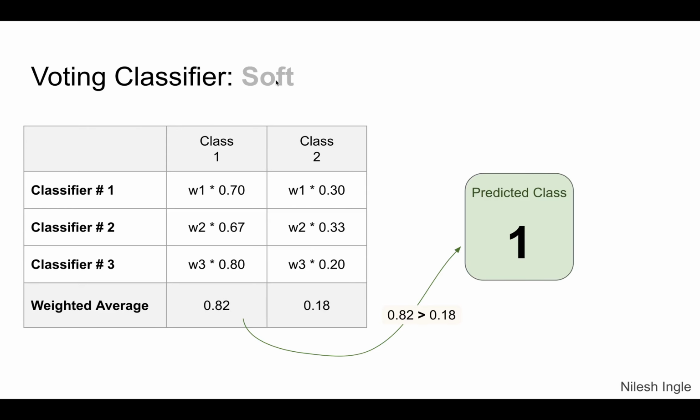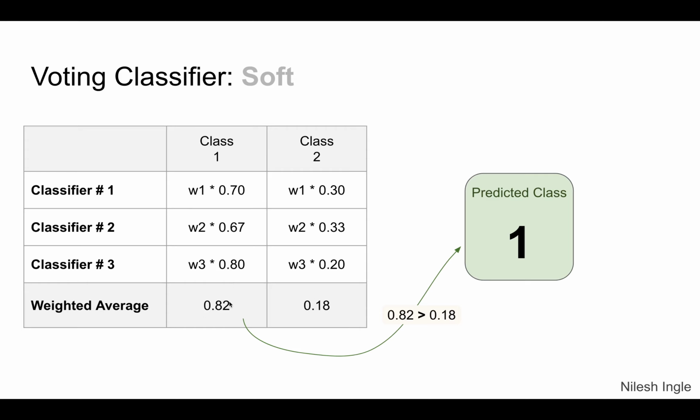On the other hand, there is something called a soft voting classifier. In this case, each classifier can be given a specific weight. So let's say classifier 1 has weight W1, classifier 2 has W2, classifier 3 has W3. So we multiply the weights with the predicted probabilities for each of these classes, and then compute the total for each class.